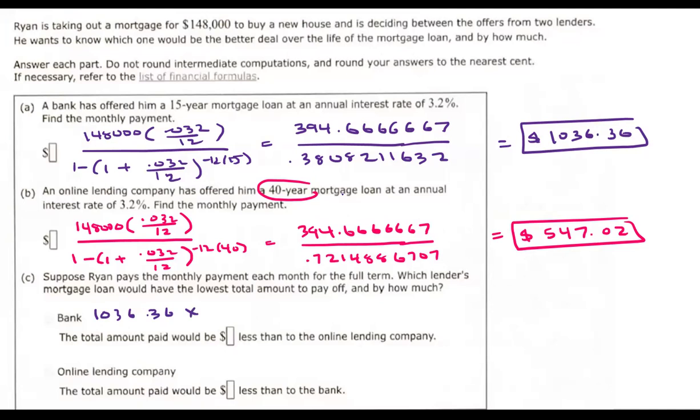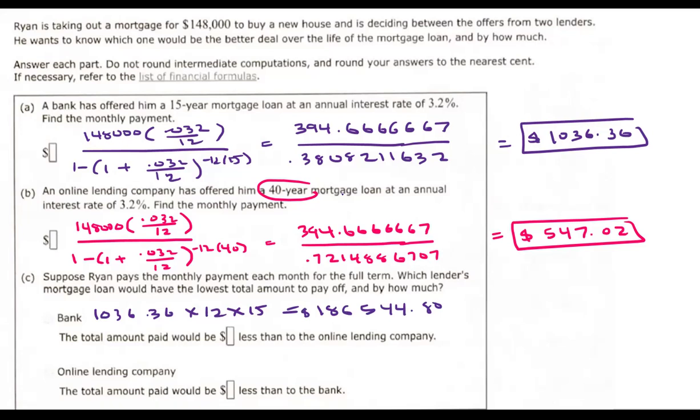Then we're going to multiply that by 12 months and by 15 years, right? Because it's a 15-year mortgage. So when we put that in a calculator, we get $186,544.80. Okay. So that's for the 15-year.